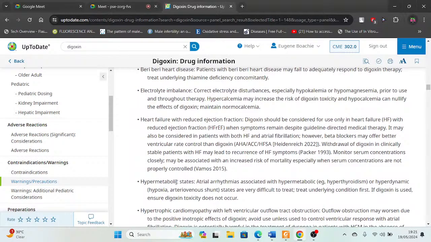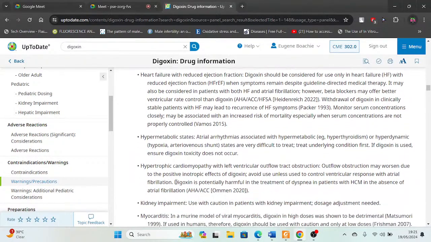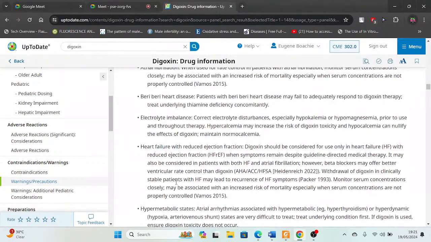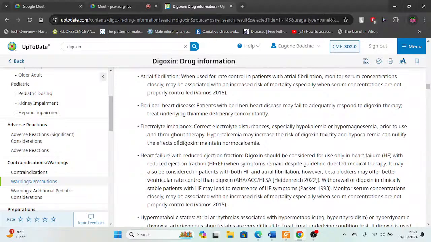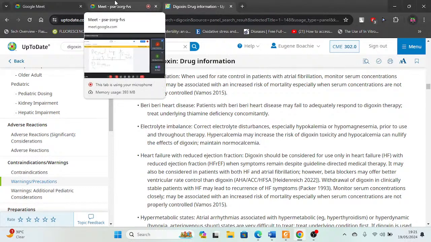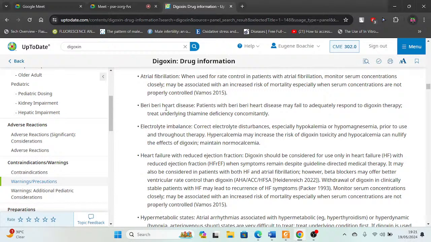So we have hypokalemia. What again? Also hypomagnesemia. What again? In low oxygen states, where there's hypoxia.